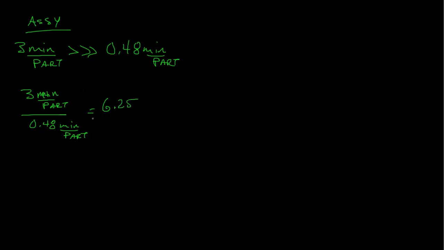So in an ideal world, maybe you would have 7 stations and you have one person working a quarter of the day at the 7th assembly station. But I know I need at least 7 because it's over 6 stations. So for now, I'm just going to round up to 7 stations.